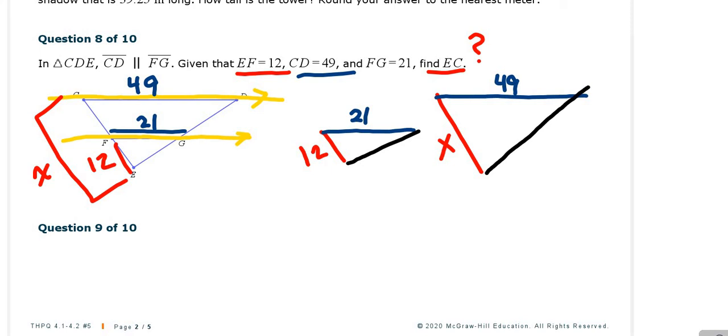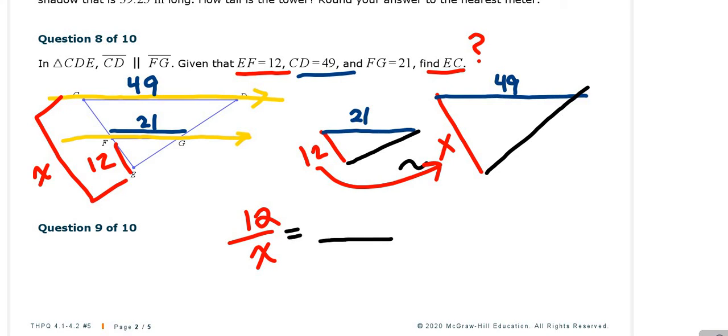And because of the parallel lines, we know these triangles are similar, which means we can match and mirror. So I'm going to go left to right. 12 over x equals left to right. 21 over 49. Reduce on one side if it's possible. It makes it easier. I know 7 goes in here 3 times. 7 goes in here 7 times.